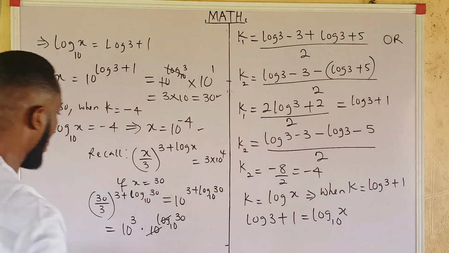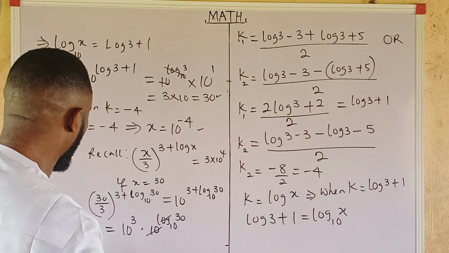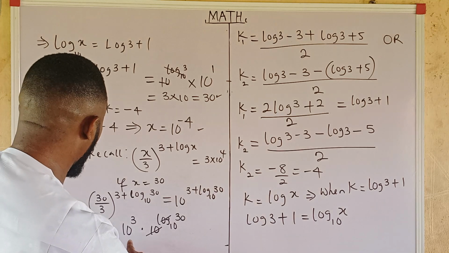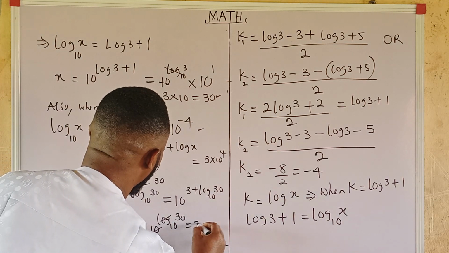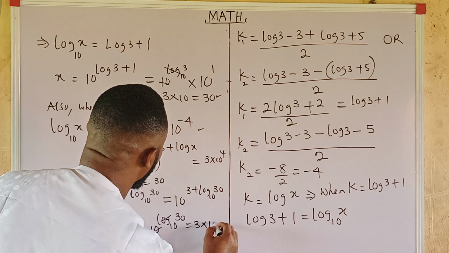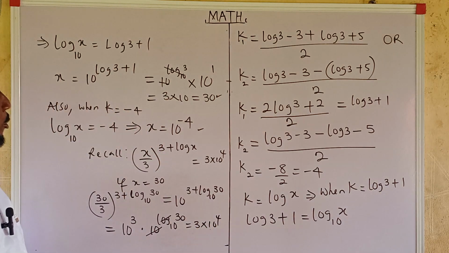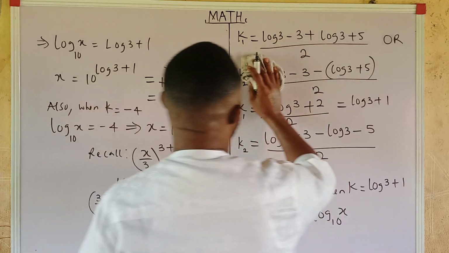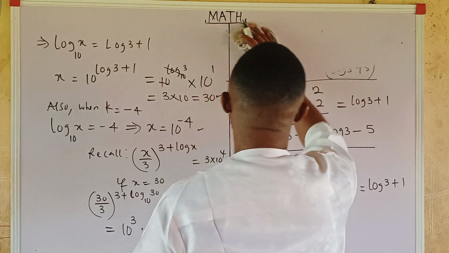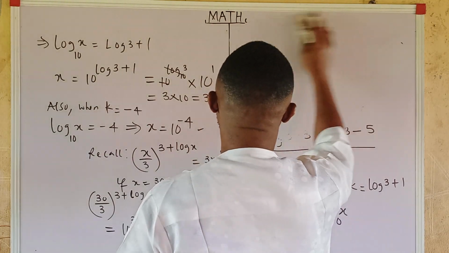Then we are going to be having 1,000 times 30, which is 30,000, which is 3 times 10 to the 4th. So the first solution for x, which is 30, is very correct. That's valid.